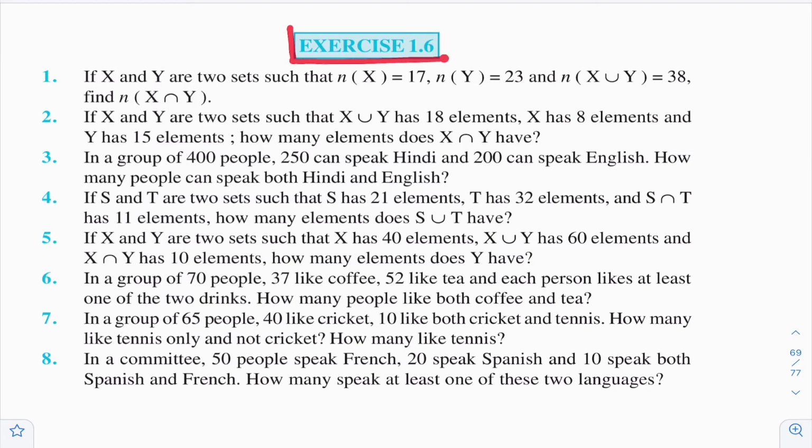Exercise number 1.6. Actually, this is a very easy exercise. The complete exercise runs on one formula only. You can see in this exercise a total of 8 problems are there.